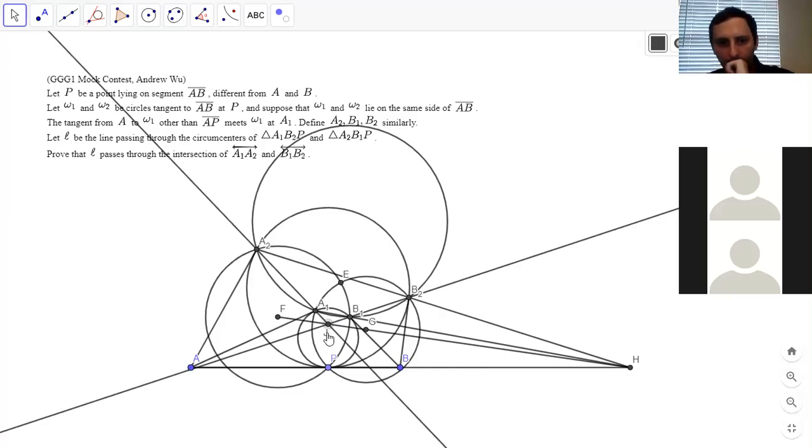Hold on, wait for a second. Yeah, we proved that F, G, and H are collinear by the inversion, but we have to show that J lies on it.